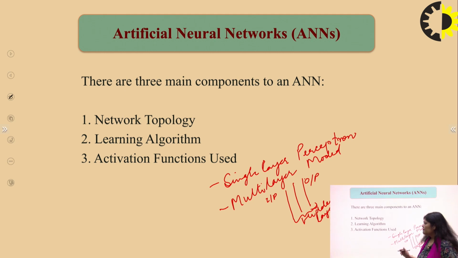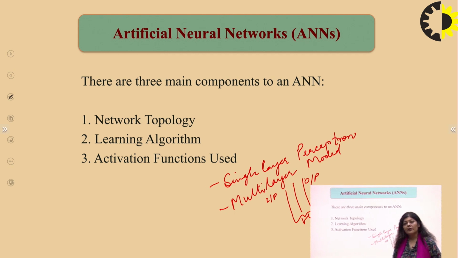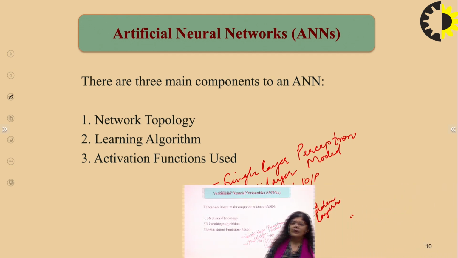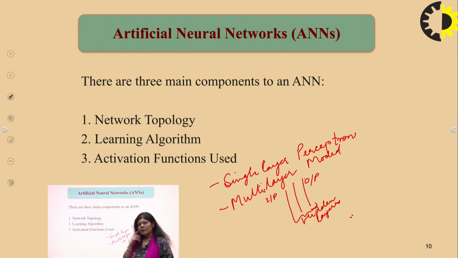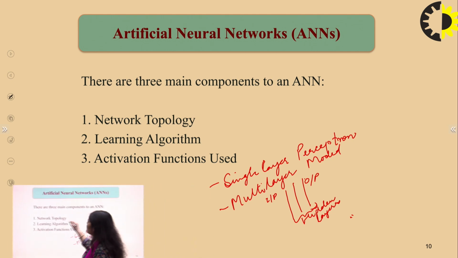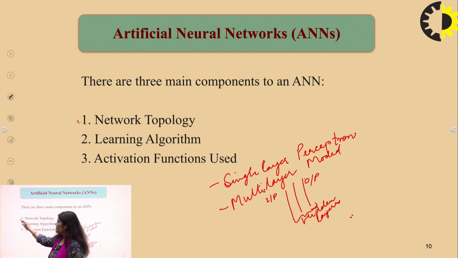So that is the basic perceptron model, which generates certain output. Now we need to understand what the main components of an ANN are. Majorly we focus on 3 things when we create a neural network. We decide on the network topology, how the neurons are going to be organized or arranged to form a network.